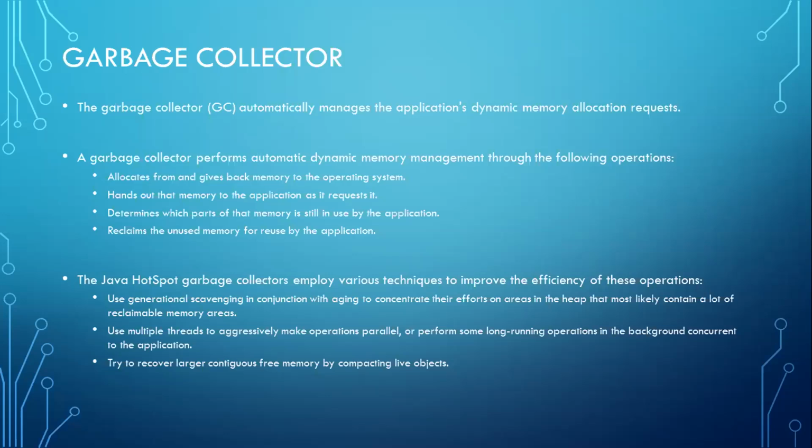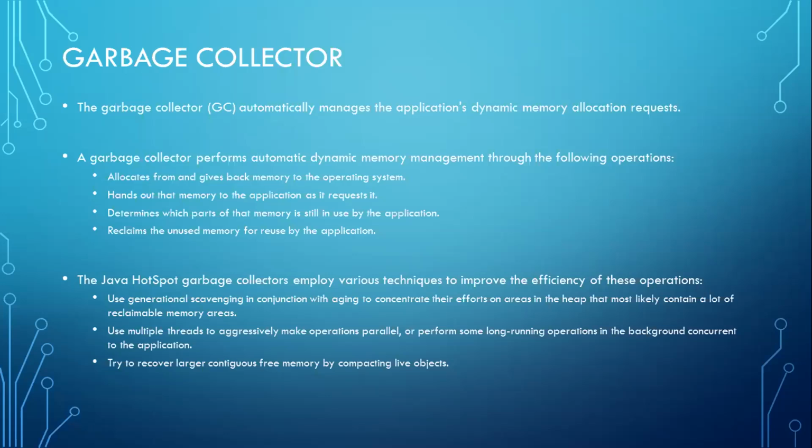Okay, so let us go through this slide. A garbage collector performs automatic dynamic memory management through the following operations. It allocates from and gives back memory to the operating system. You have probably seen that whenever you run a Java program, you pass arguments called Xmx or Xms.